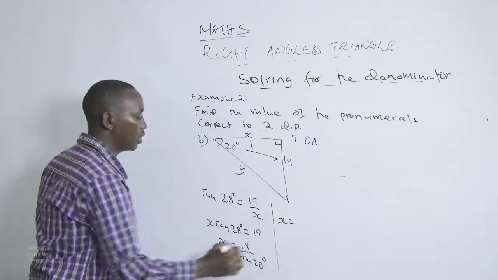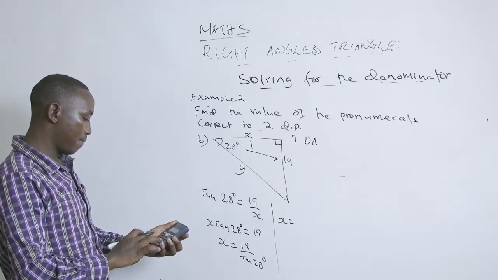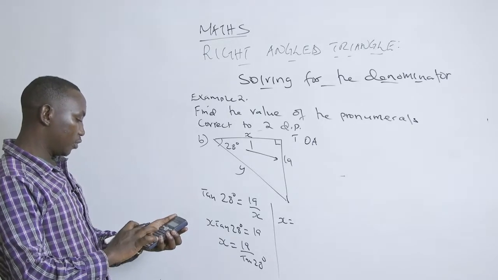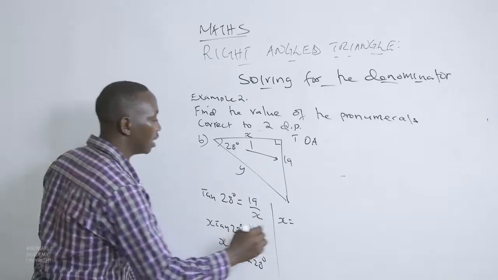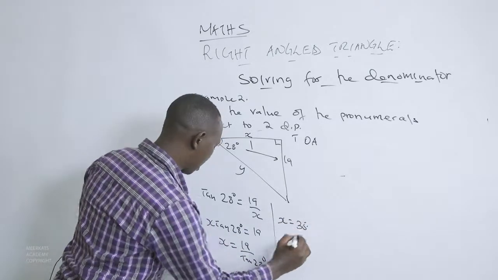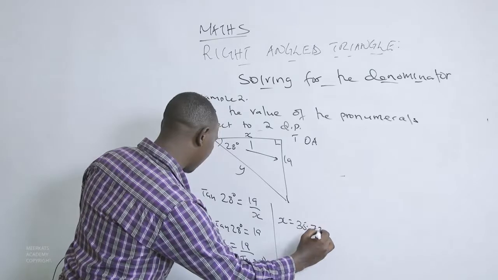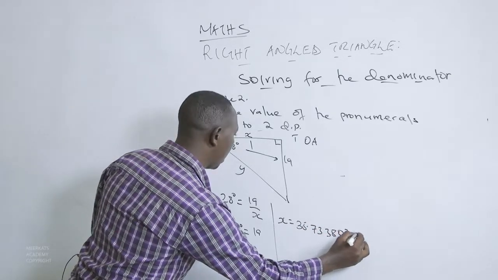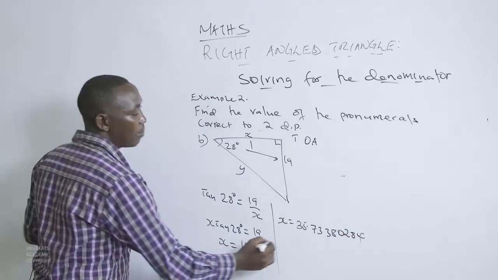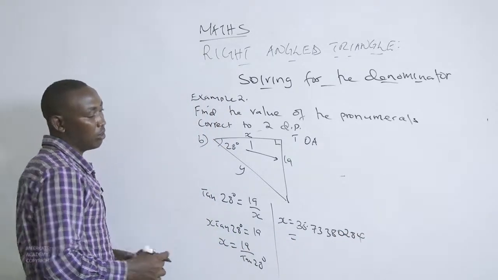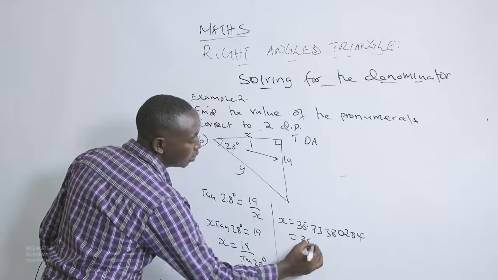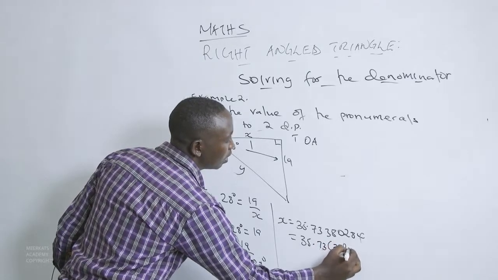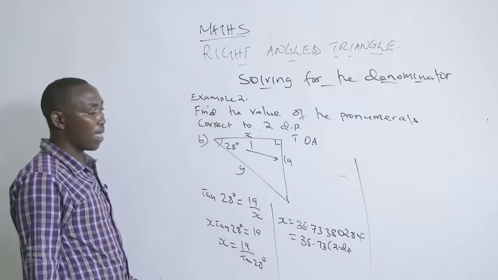So x will be 19 divided by tan 28 degrees, which gives 35.73380284 units. We write it to 2 decimal places as required by the question, so that will be 35.73 to 2 decimal places.